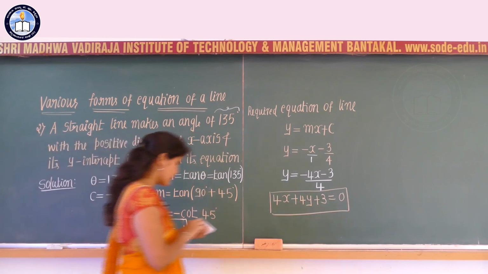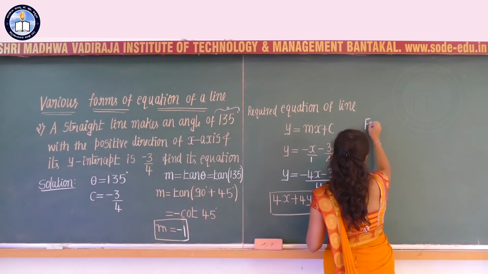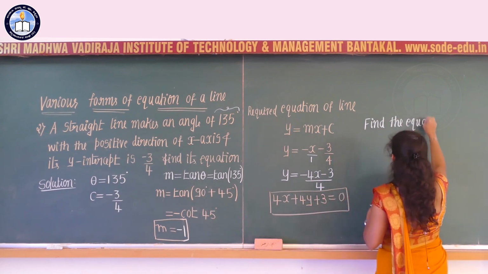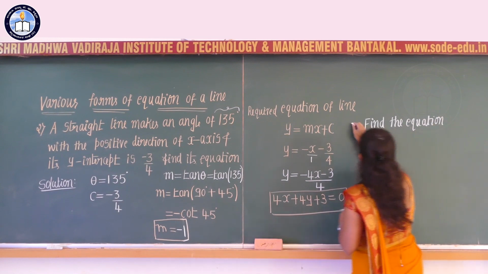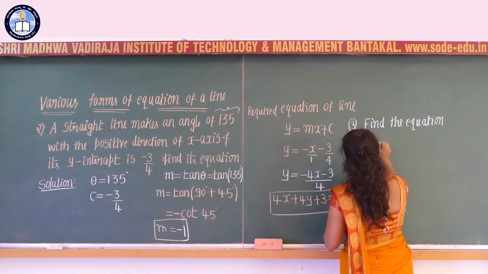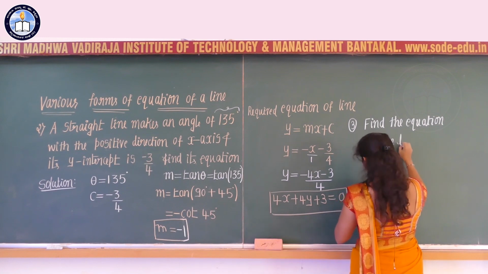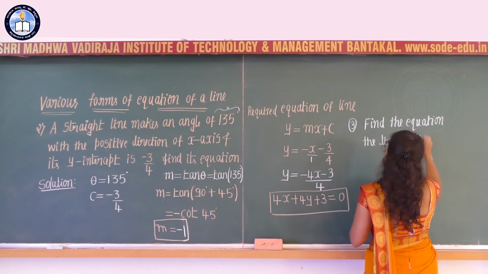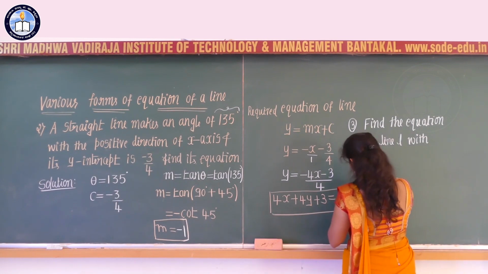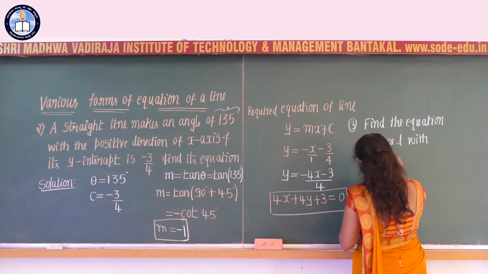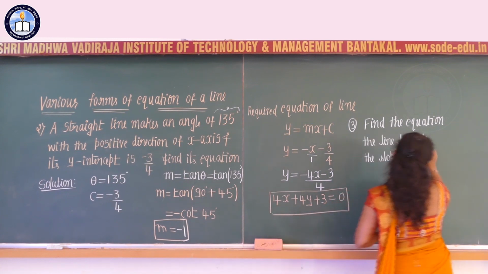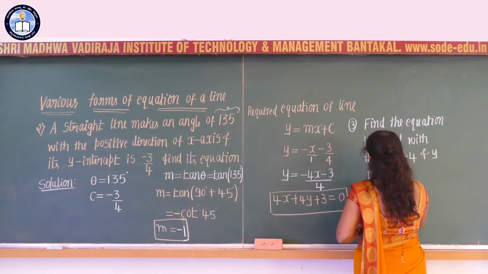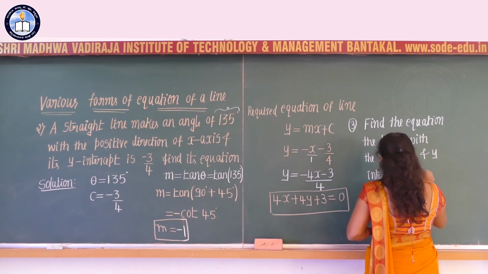Try to write the solution for this question: find the equation of the line L with the slope minus 4 and y-intercept minus 1 by 2.